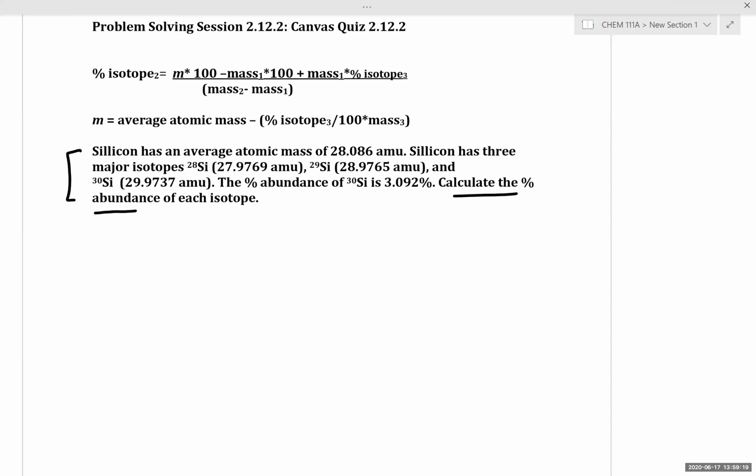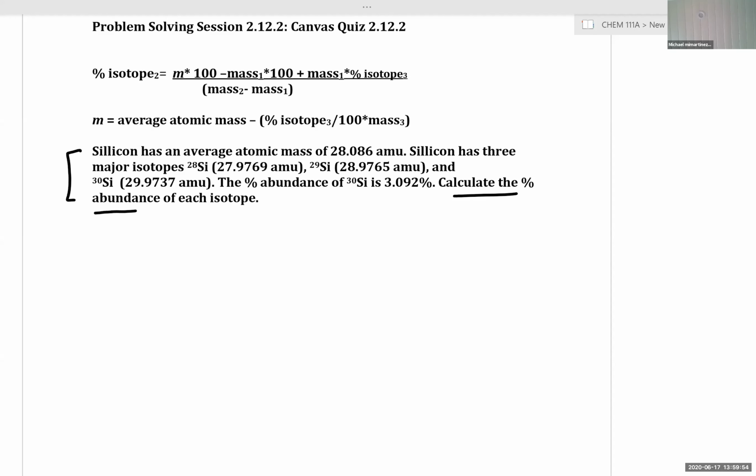When you find the percent abundance, do you leave it as a percent or turn it into a decimal? Either is acceptable. For the percent abundance in the equations that I provided, you're going to enter the percentage exactly as the number given.